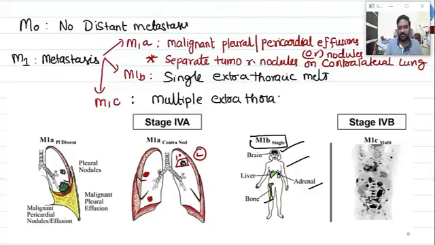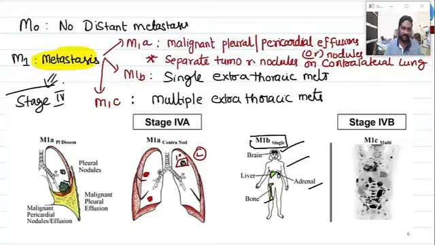So simultaneously the patient might be having metastasis in brain, bone, liver, adrenal, all this. So why is this important? Because presence of any metastasis will make the disease generally inoperable, extensive stage 4. If metastasis is present, irrespective of tumor, irrespective of nodal status, it should be considered as stage 4 disease.